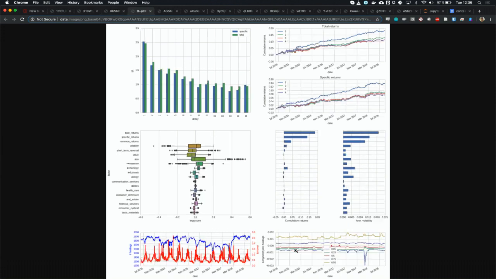Here's one from Andy, which I also quite liked. Just looking at this, we can again see, okay, the alpha decay profile is quite nice. Again, there is definitely some decay, but overall, it is competitive. So this one also made it close. And the number of holdings are really high.